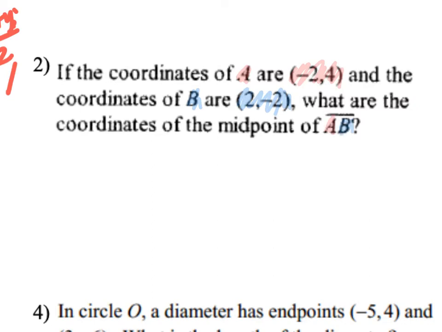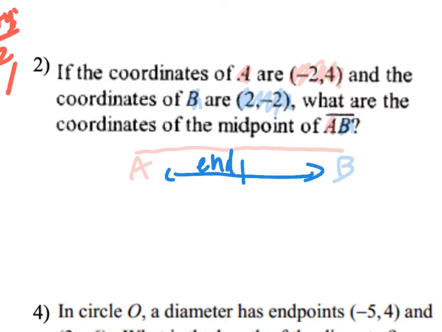So let's actually draw this out. So I have A here, B here. So it turns out I actually know the endpoints. And then my question tells me to find the midpoint. So once again, I can just use that midpoint formula.